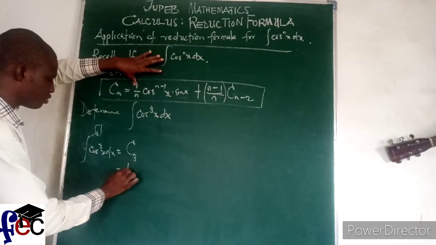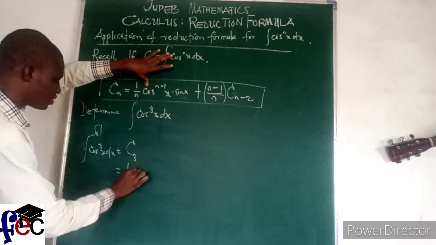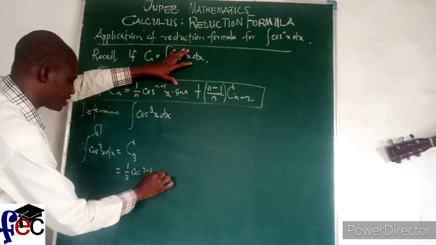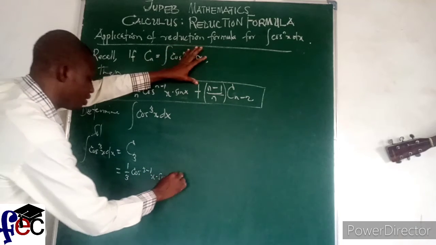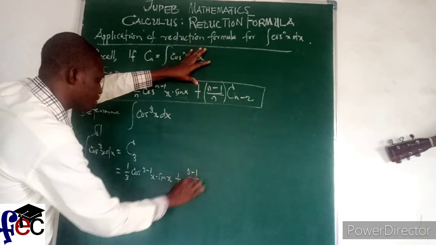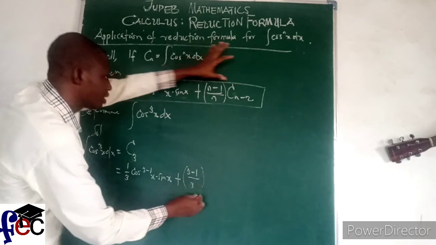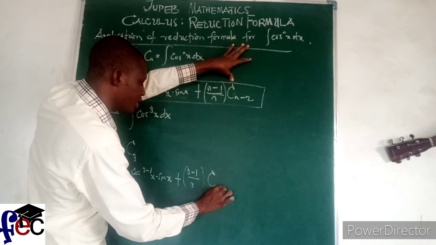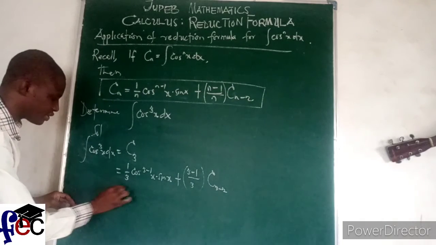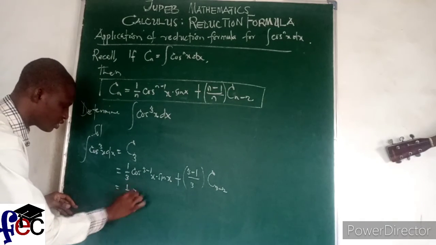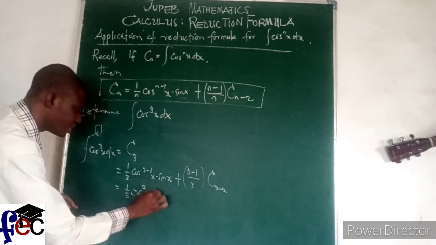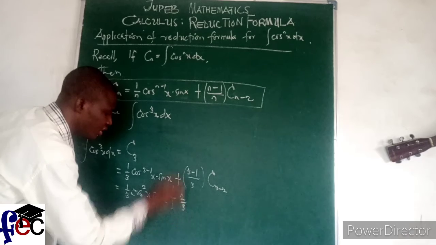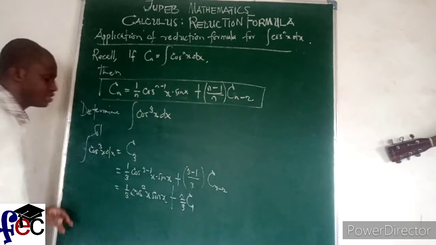So this will be 1 over 3 cos of 3 minus 1 x sine x plus 3 minus 1 over 3, then you have C sub 3 minus 2. What will this give us? 1 over 3 cos square x sine x plus 2 over 3 C sub 1.